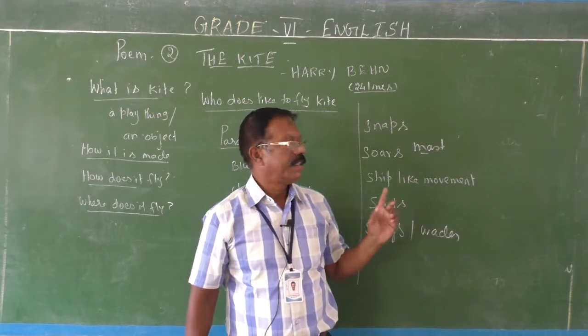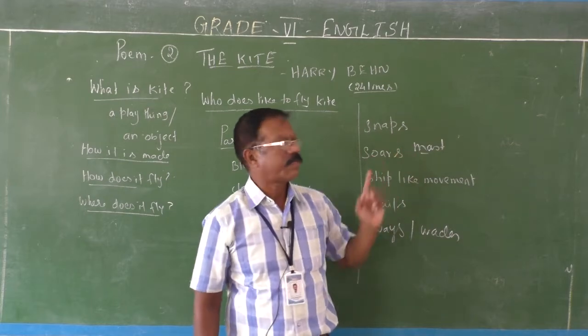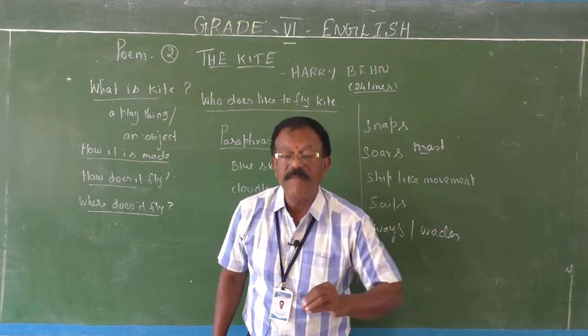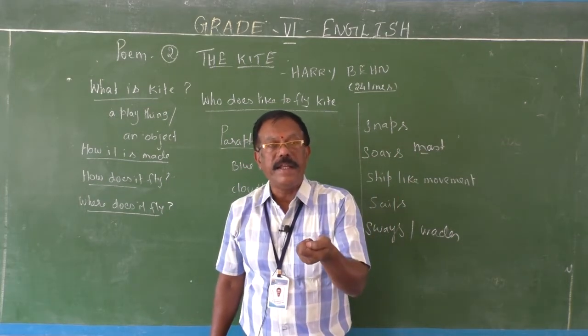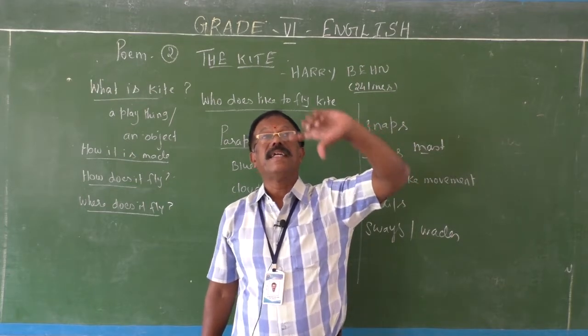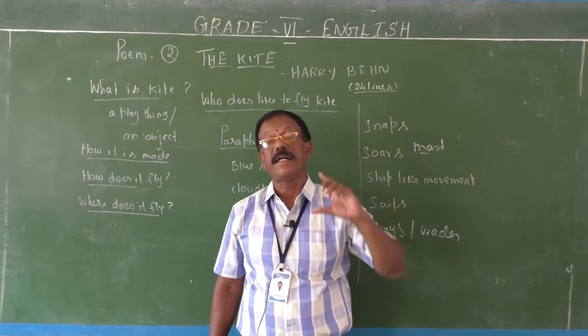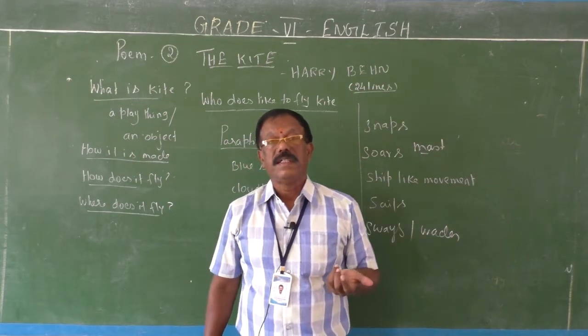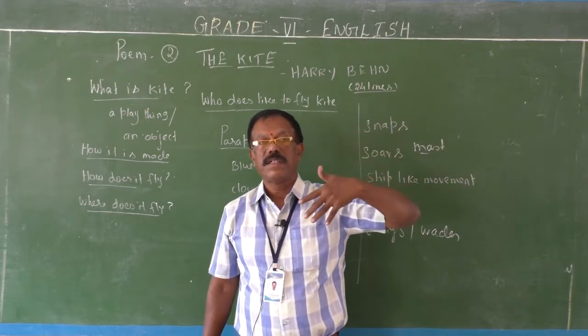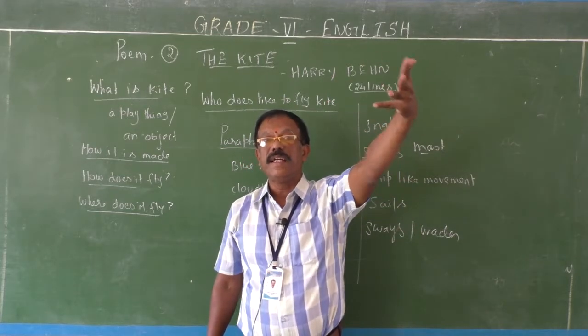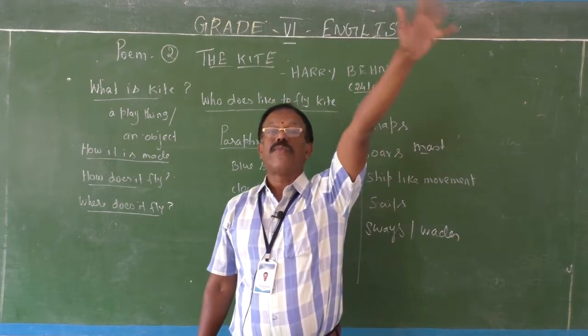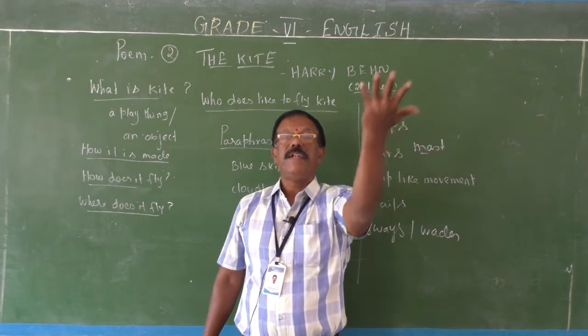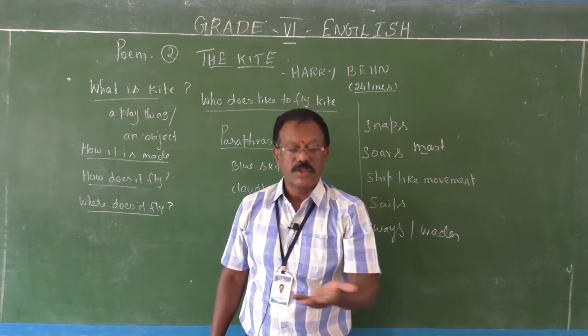So the sail attached with the mast of the ship only helps. In the same way, the wind only decides the height of the flight, the height of the kite. If the wind is so strong, so forceful, then the kite starts to fly high in the sky. If the wind becomes weak, then it comes down.